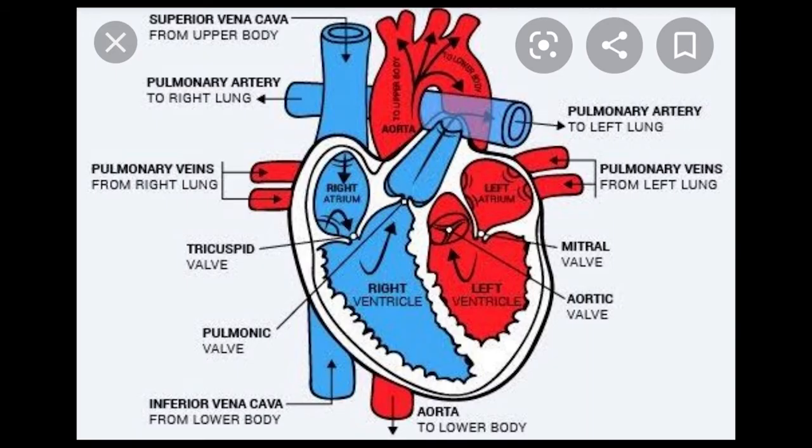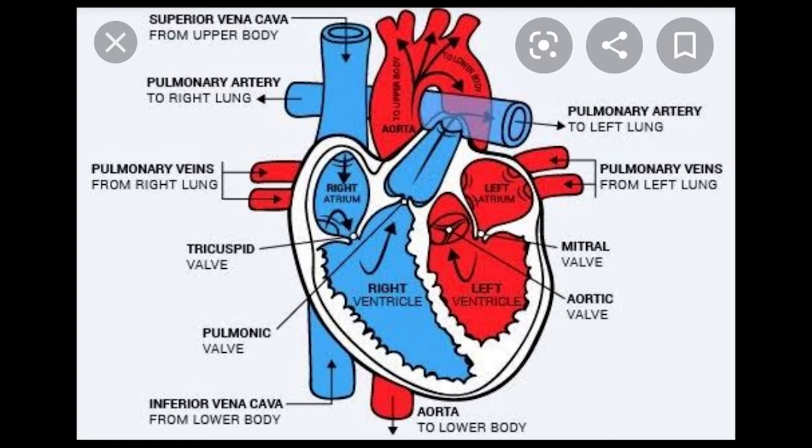Now see page number 107 below. Firstly, we focus on the right side blood flow through the heart. There are 2 veins, superior vena cava and inferior vena cava, and they carry carbon dioxide-rich blood from the whole body to the right auricle of the heart.